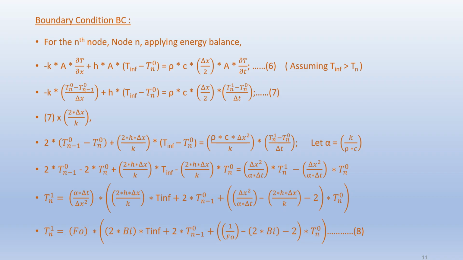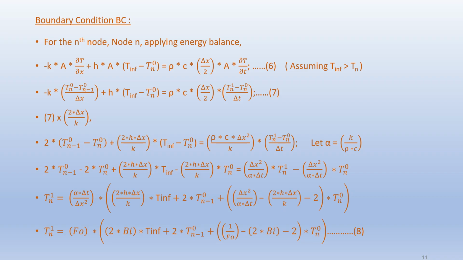So we can rearrange this equation further as 7, and we can do some further rearrangement. Here note that we are representing dou T over dou x as Tn^0 minus Tn minus 1^0 over delta x. This is the finite difference approximation of dou T over dou x. Likewise, the finite difference approximation for dou T over dou t is Tn^1 minus Tn^0 over delta t.